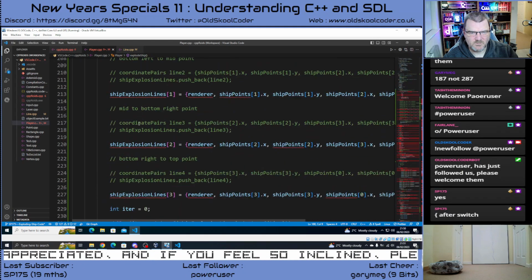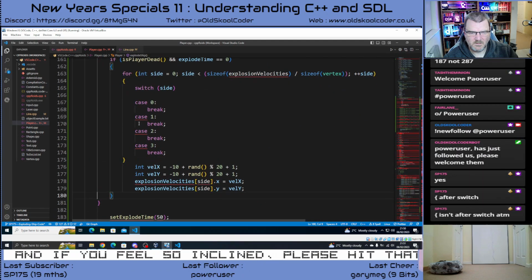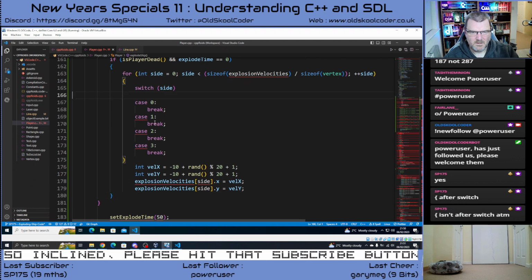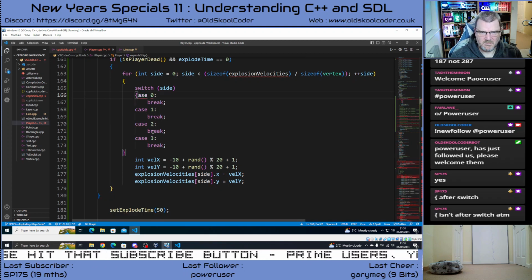They're all indented wrong. Or have I done my indenting wrong? No, I've done it wrong, haven't I? 'Cause it's that, isn't it? Whoops.